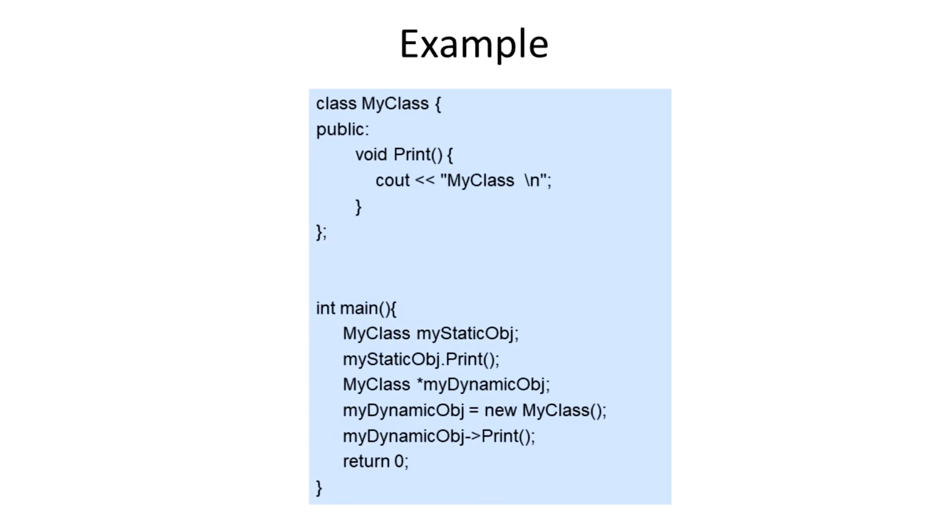And then once that's set up and we've got the pointer set up to point to that memory address, we can then dereference or point towards, using the arrow, the print function for that class, for the class type. So for that object, we refer to the print definition, which is in myClass, of course. So there we go. That's a contrast between the static and the dynamic creation of objects.